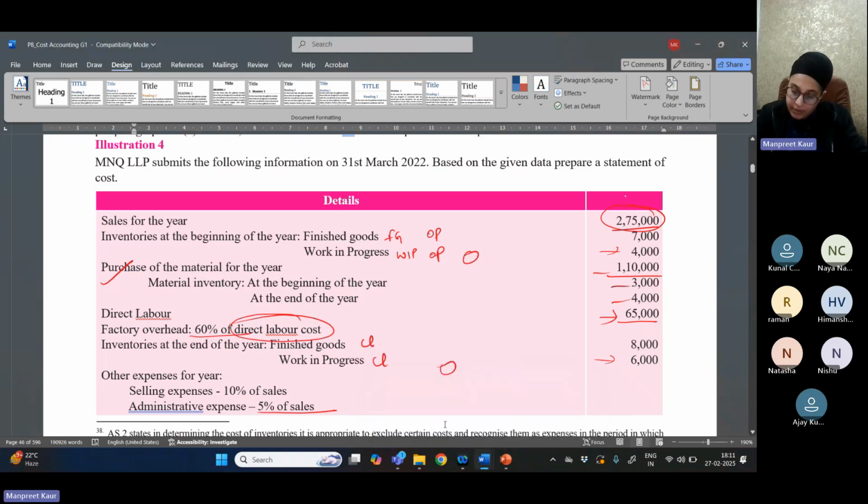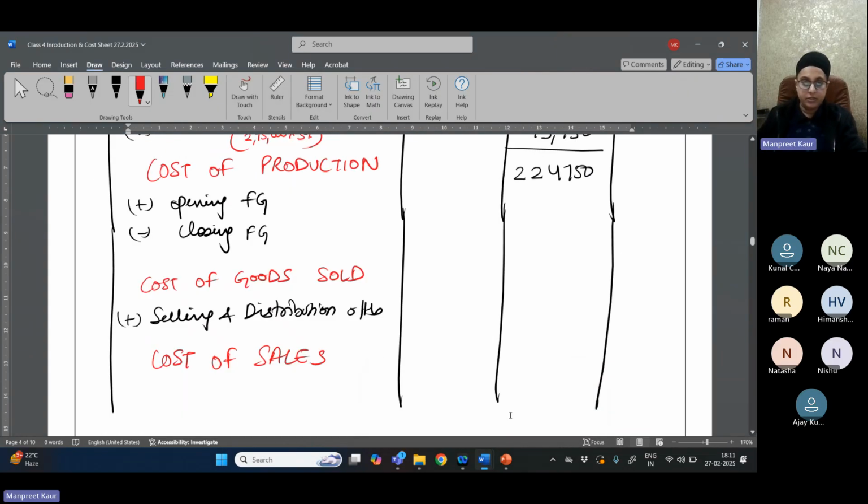Opening FG is 7,000 and closing is 8,000 and selling expenses is 10% of the sales. Now we'll adjust. Opening FG is 7,000 and closing is 8,000. Adjustment of 1,000. We will get the cost of goods sold 2,23,750.